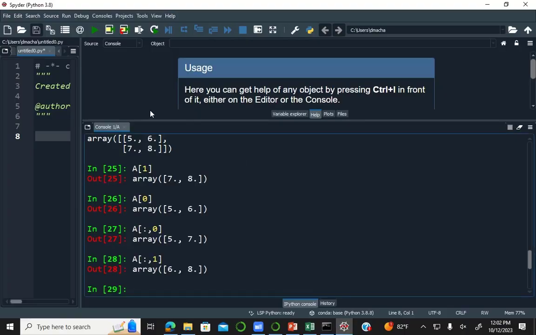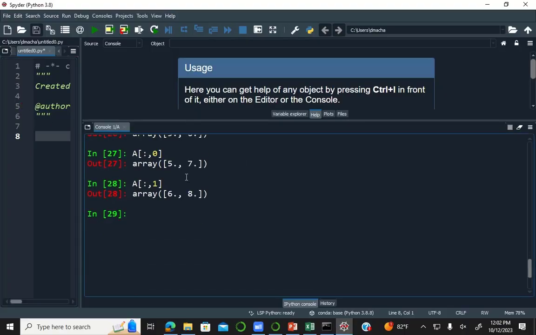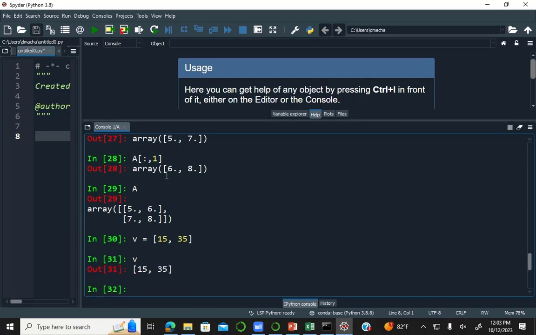If you want to do matrix vector multiplication in Python, it's not so hard. This is my matrix A. Let's come up with a vector V. We'll call it the vector 15, 30. Make it 35 just to make it a little, I don't know if it's important or not, but okay. So here's my matrix, 2 by 2 matrix. Here's my vector, 2 entries of my vector.